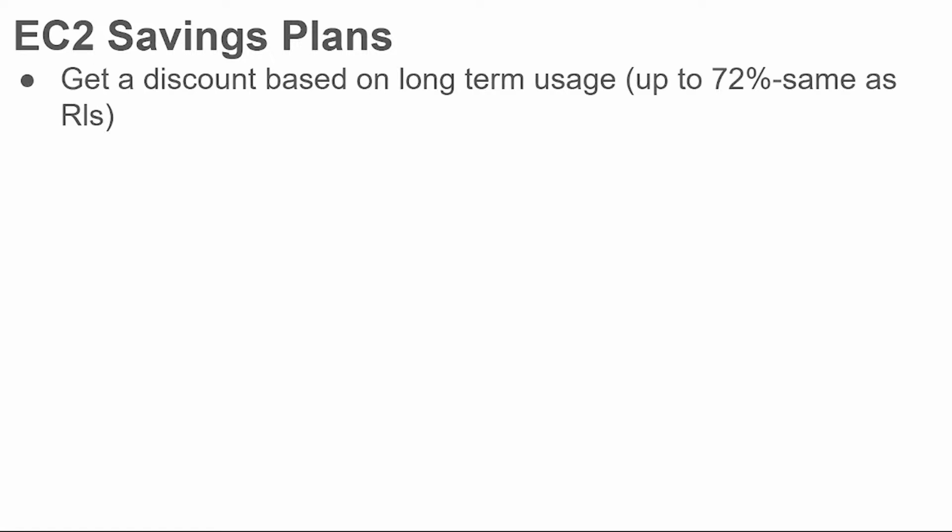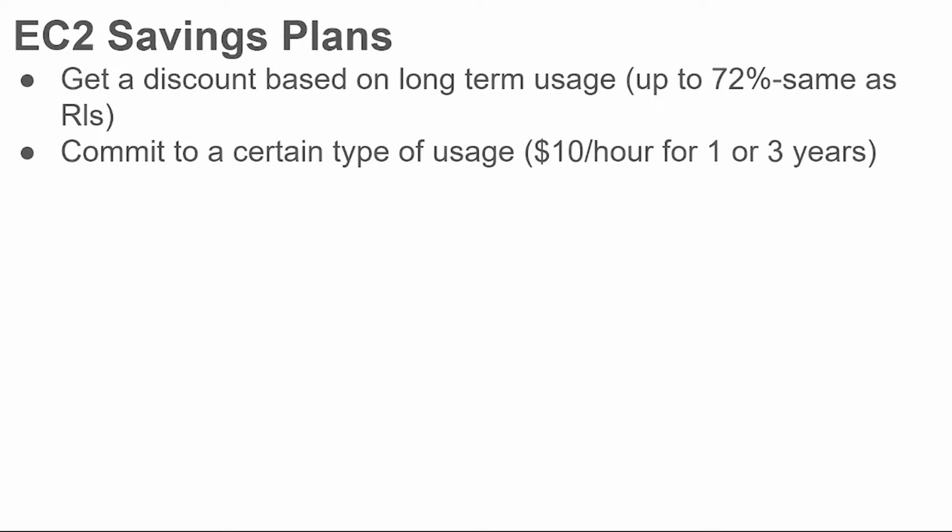Next is the EC2 Savings Plan. You get a discount based on long-term usage, up to 72%, same as RIs (reserved instances). You commit to a certain amount of usage, for example $10 per hour, for 1 or 3 years.